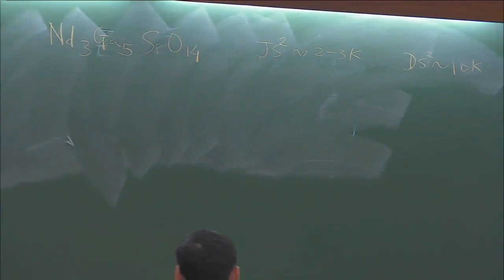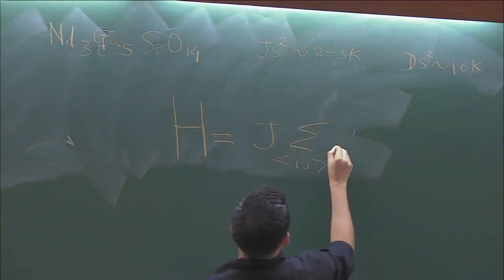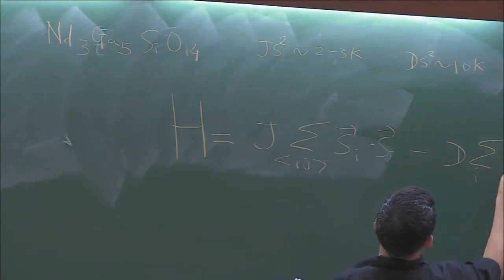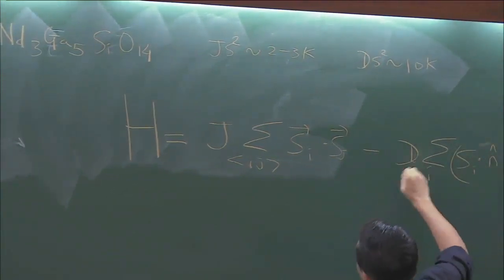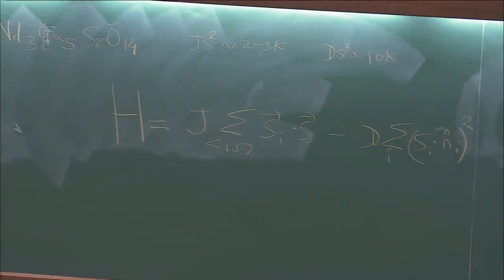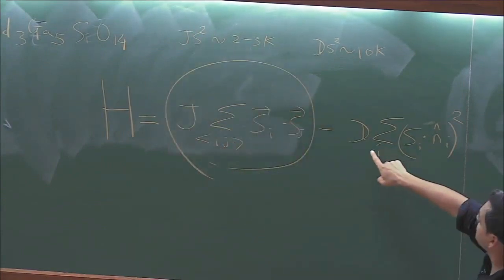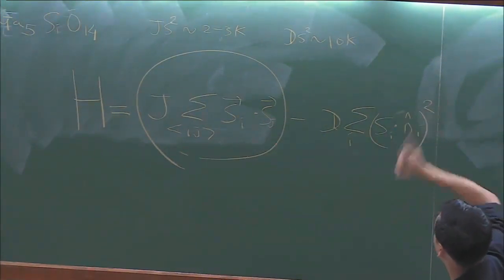The point of belaboring this is that if you had this Hamiltonian, and D was really much larger than J, then there's an obvious starting point: project this Hamiltonian into the subspace of states favored by this interaction, which are the maximally polarized states up or down along this n axis.